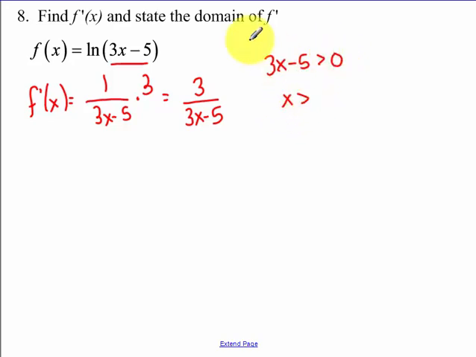So the domain of your derivative is the domain restriction that we have there, x greater than 5/3. And if you think about it, yeah, that's where you have an asymptote, but you can't include the negatives, because those negative values, say if I plugged in -2, wouldn't make the original function possible.